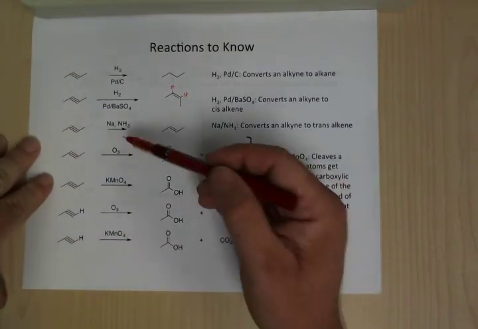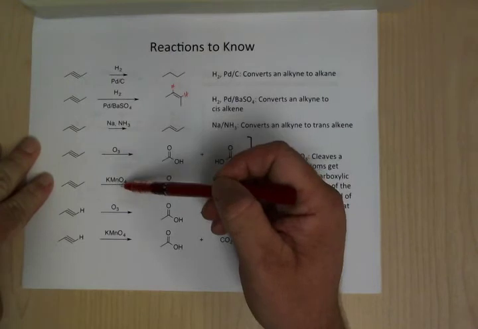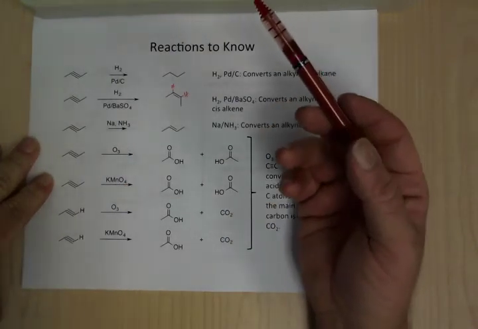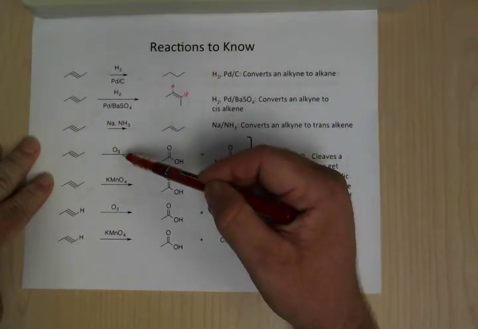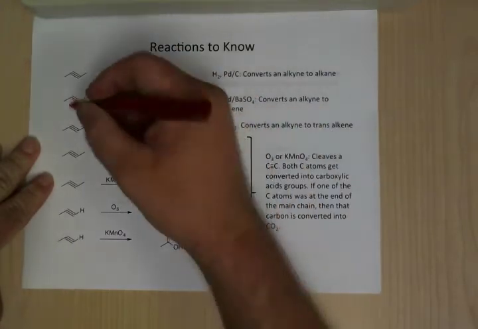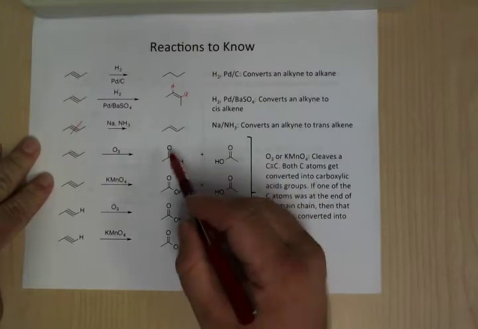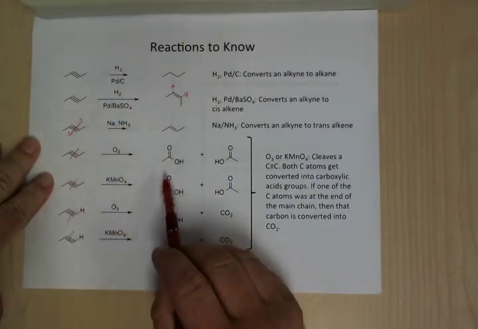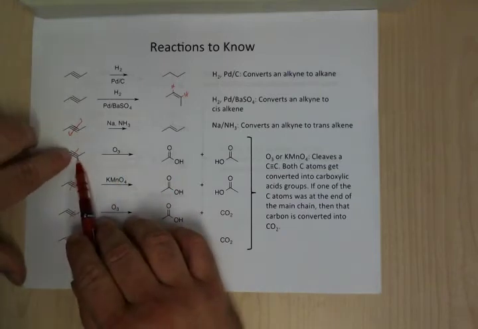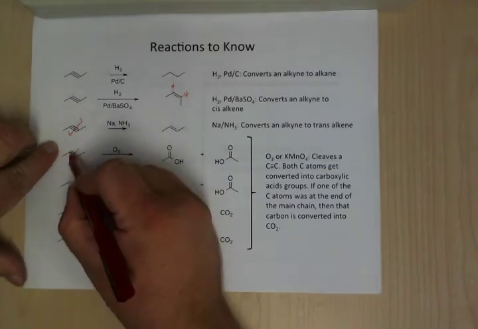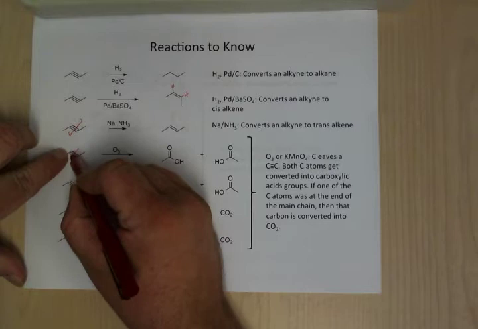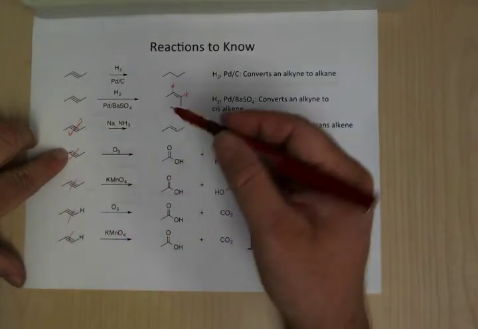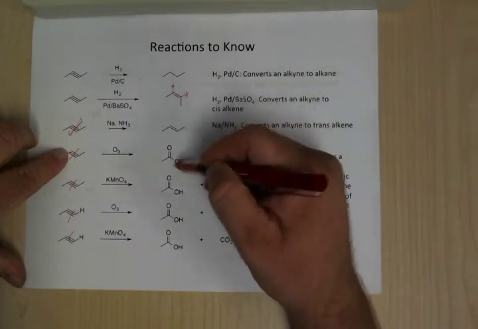Now with ozone and permanganate, with alkenes it makes a difference. For alkynes it doesn't. You're going to slice these in half, and you're going to end up with a carboxylic acid on either end. This carbon has a triple bond coming off of it, so we're going to replace it with 3 CO bonds, which is how we get the carboxylic acid.